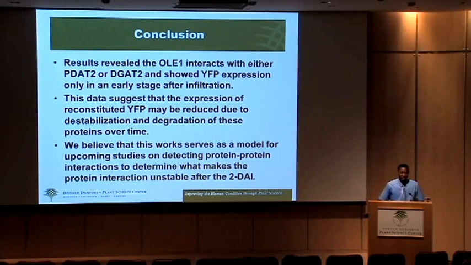Why do you need to validate it, if interactions were already detected using yeast two-hybrid? We need to validate it because some interactions may be tested in BiFC that might not show in yeast two-hybrid. So we use the BiFC analysis just to validate yeast two-hybrid. We found interactions in yeast two-hybrid that couldn't be validated in BiFC, so it depends on what method you choose to use to validate protein interactions.